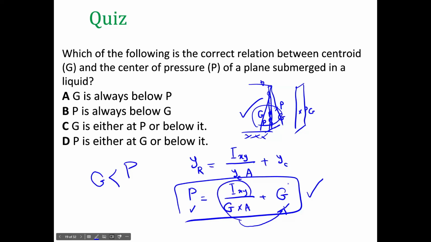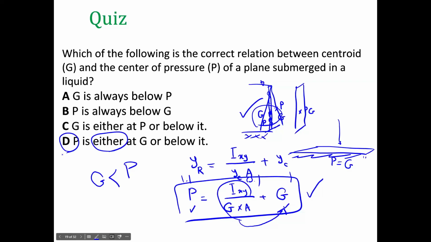Look at that. If G is 1, this is 1.1, because something should be added to that to make it equal. But in case you have a horizontal shape, something like that, in this case P and G are the same. So the answer that you mentioned is correct.